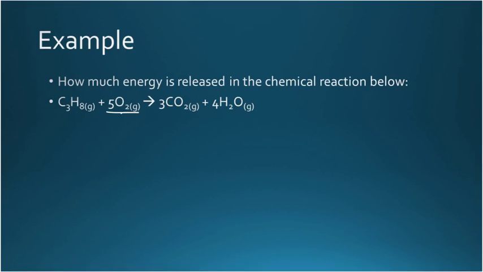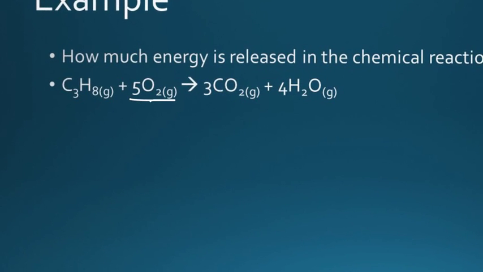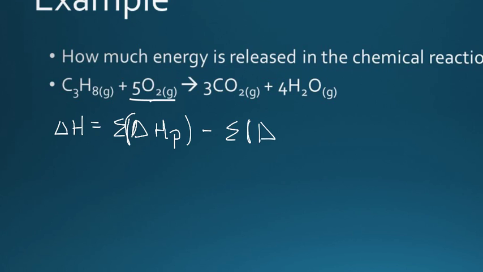So again, our formula. Our delta H equals the sum of our delta H of the products minus the sum of the delta H of the reactants.